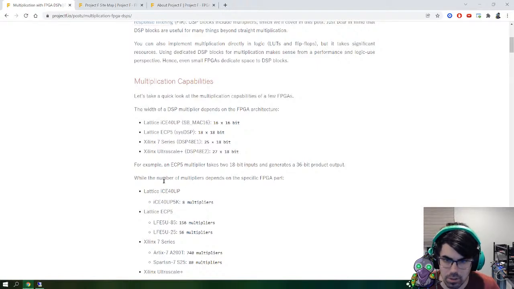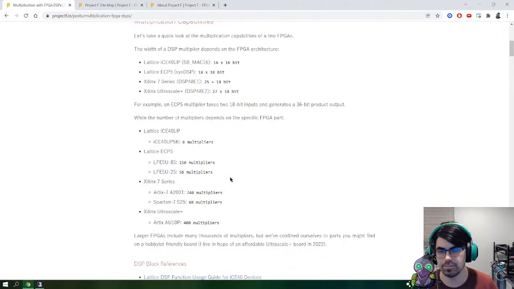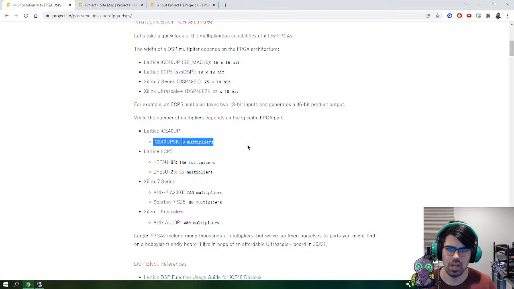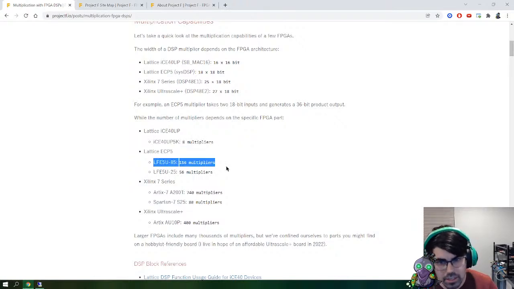On different parts. Oh, he added the AUP 10P here. That's a very new product. I'm surprised that he did that one. This is a product you see on a lot of FPGAs, the 85 and the 25.